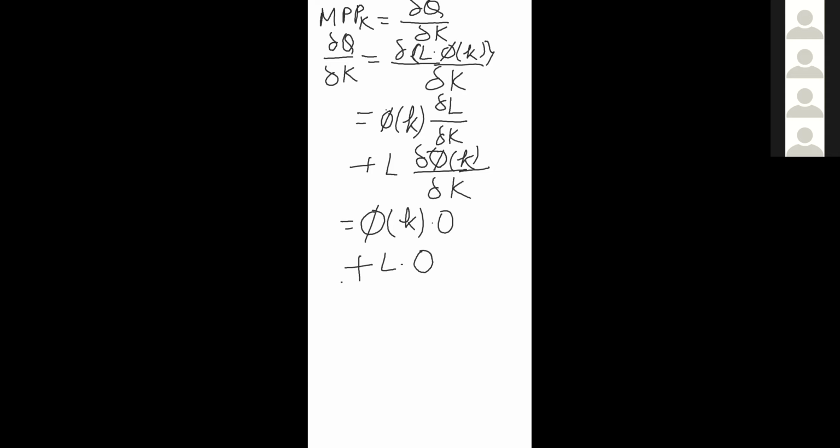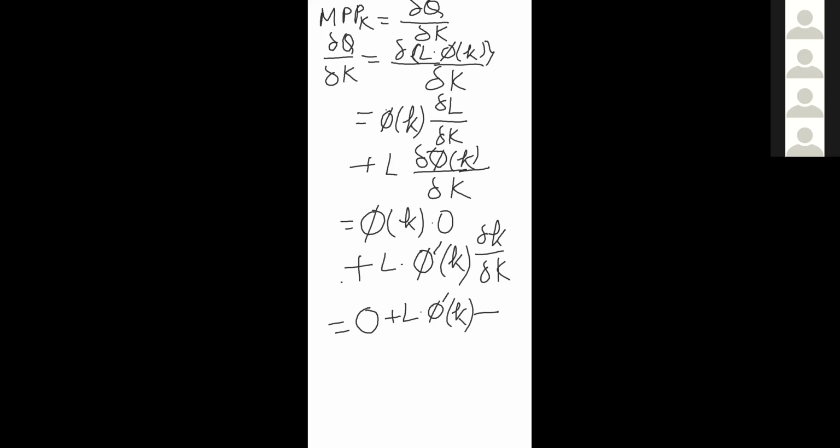So phi of small k, we can write it as phi prime of small k. Then we have to differentiate small k, del small k divided by del k. Is this clear? Yes, ma'am. So phi of small k into 0 means 0 plus L into phi prime of small k.